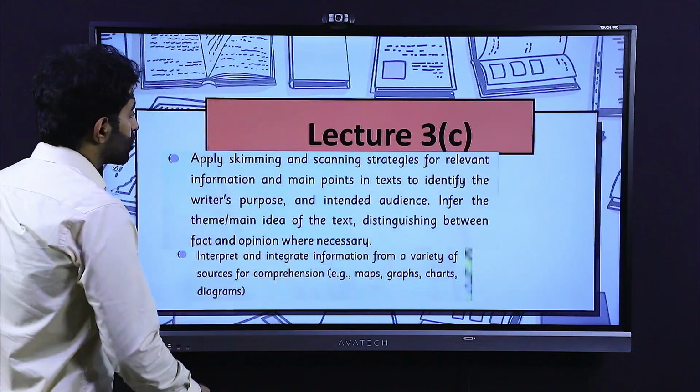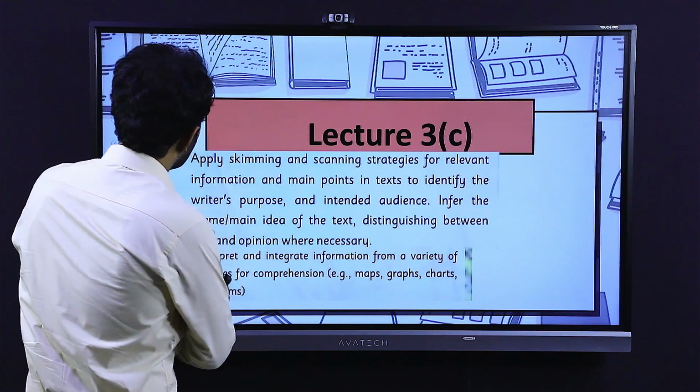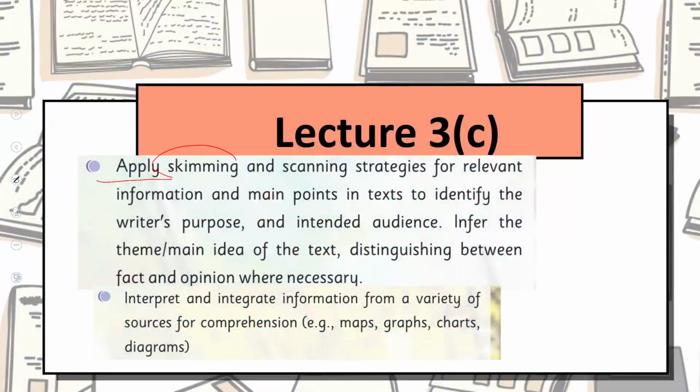Then again, we will talk about reading in lecture 3C, where we will apply skimming and scanning strategies. These are reading strategies that we will learn for what? For finding relevant information in a large text, main points in a text, and to identify the writer's purpose and intended audience.